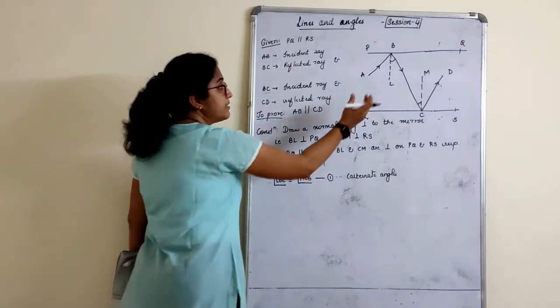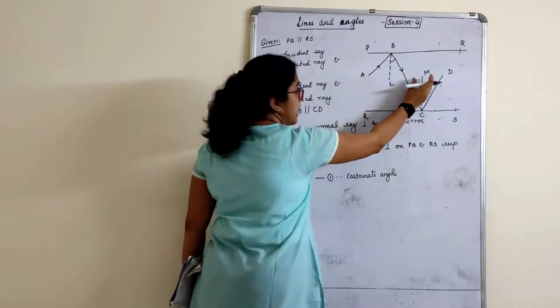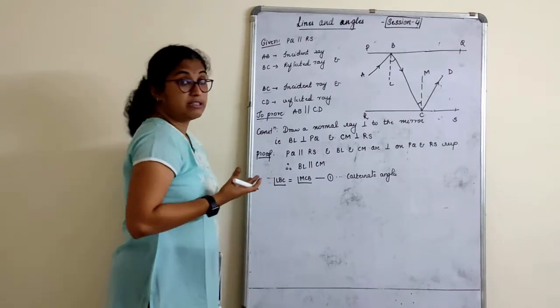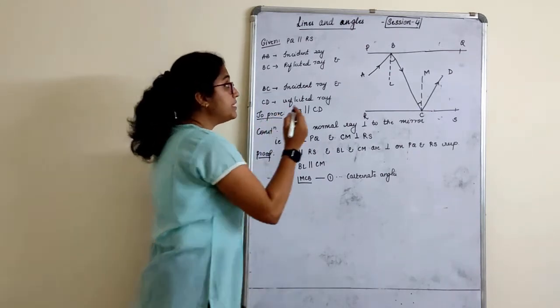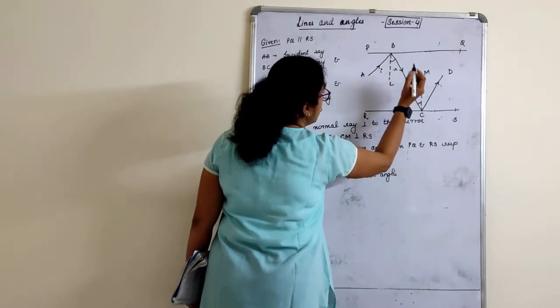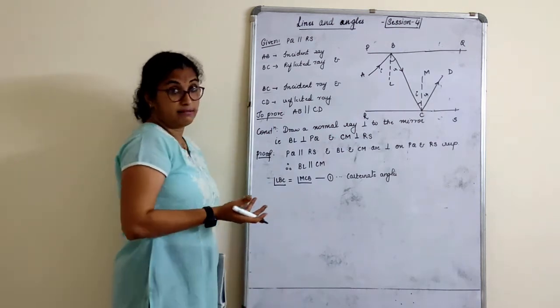Next, children, let us consider this as our incident and reflected ray as part 1. Again let us consider incident and reflected ray as part 2. With that respect, we know that this is angle of incidence, angle of reflection, angle of incidence, angle of reflection, correct? They are equal.